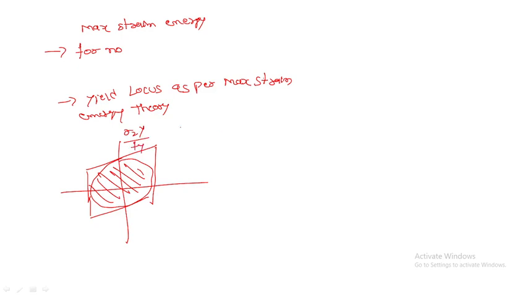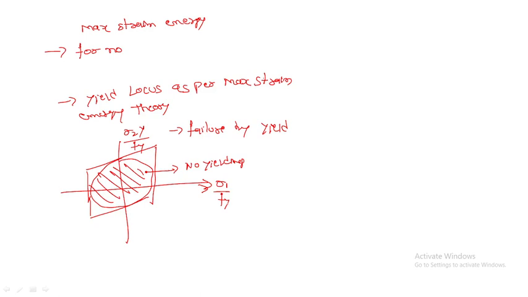So failure by yielding, this one is failure by yielding. But here, no yielding. So this value is 1 by fy.